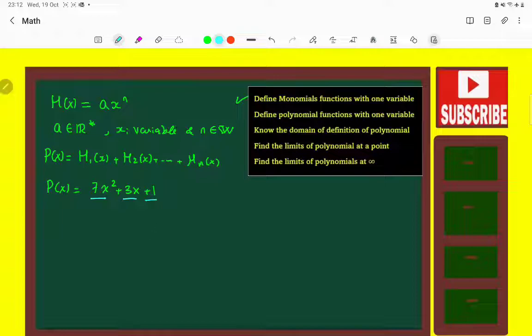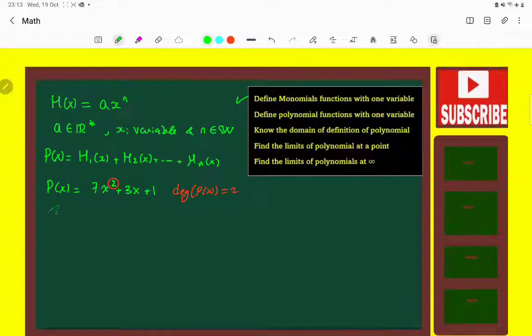But the degree of polynomials is a bit different than the degree of monomials, in which we choose the degree based on the highest power in the function. And here the highest power is 2. That's why we say that the degree of this polynomial is simply 2.